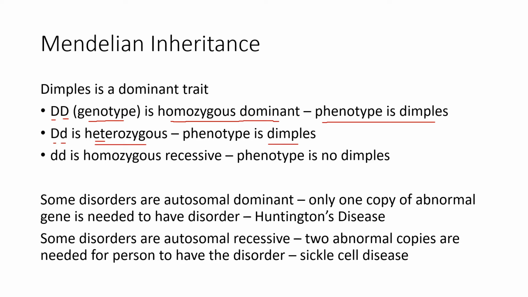Third person, two recessive alleles, two lowercase. This is homozygous recessive. They're the same, homo meaning same. The phenotype here is going to be no dimples because there's no dominant allele and dimples is the dominant trait.